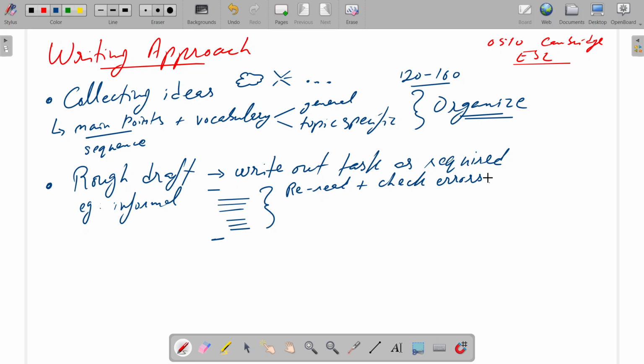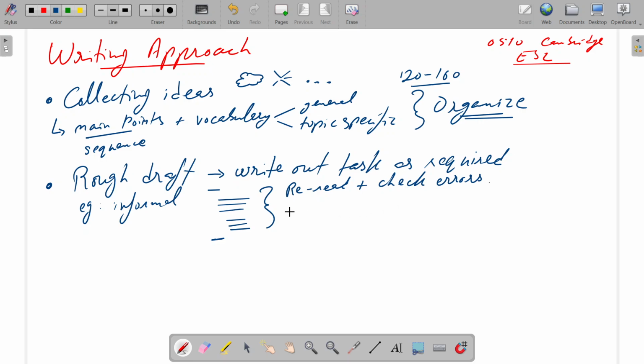Now the level at which something is being written obviously depends on who's writing, right? So me writing something is obviously going to be different from you writing something, but that is not the point. When I do some work, even I go back and check what I've written, because that is the writing approach, that is the writing procedure.